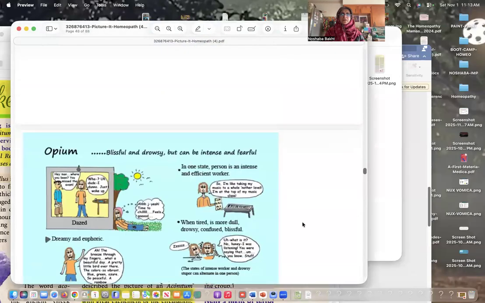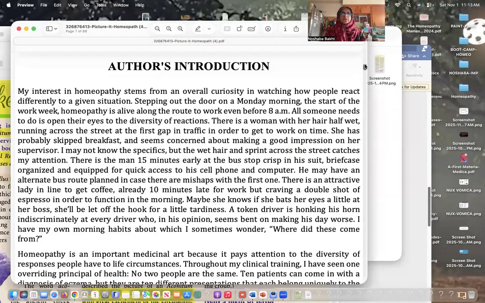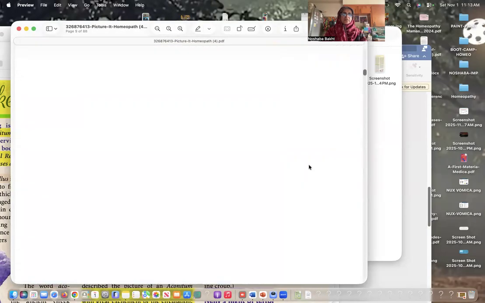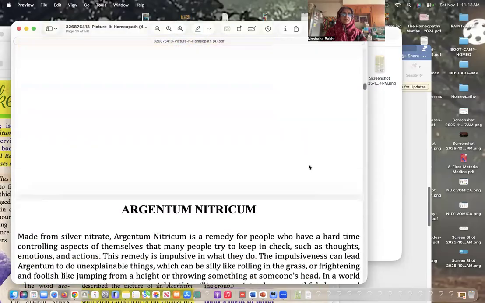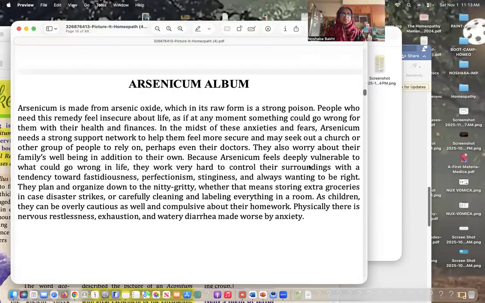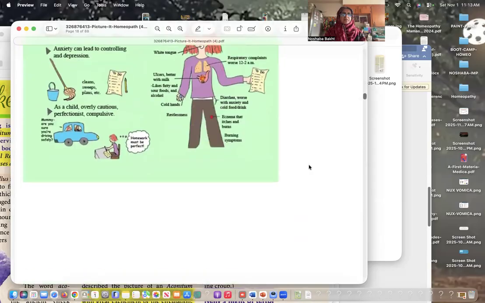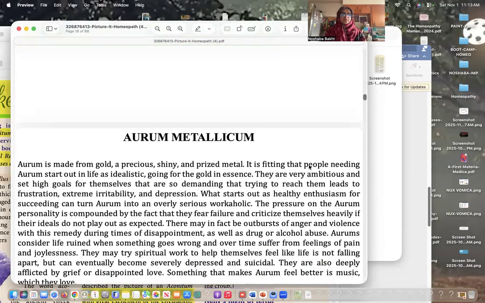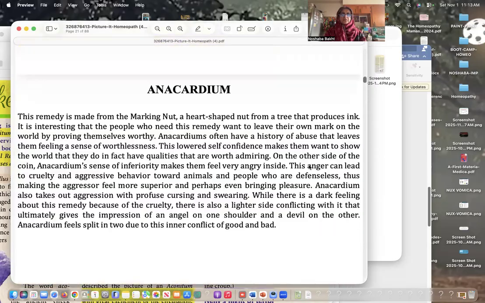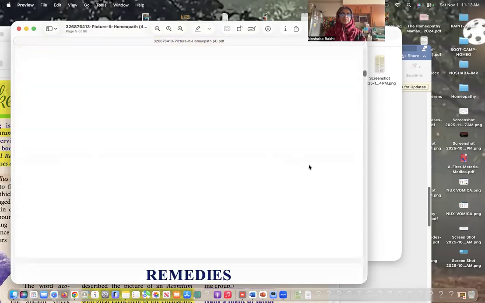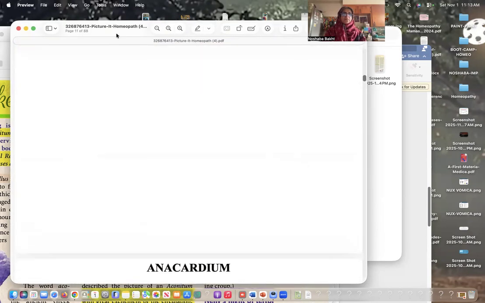Okay, so we are looking at aconite. There is no book which is complete without aconite. Anacardium, argentum, arsenicum, where is aconite? It cannot be without aconite. Oh no, she didn't put aconite.